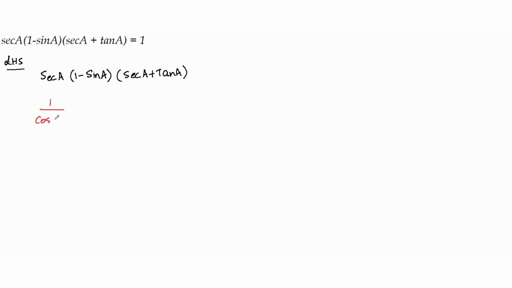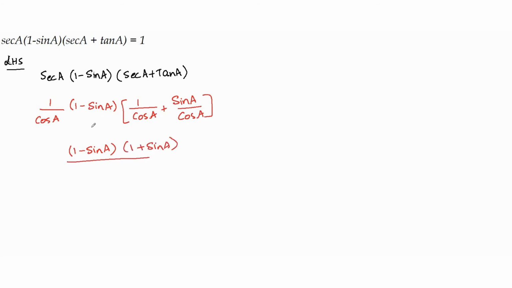Sec A is 1 by cos A multiplied by 1 minus sin A, and sec A is again 1 by cos A plus tan A is sin A divided by cos A. So now if I take the LCM in the bracket, what I will get is 1 minus sin A, the numerator is 1 minus sin A into 1 plus sin A divided by, I have one cos A term here, so that's cos A, and the second cos term is when you take the LCM. So you have two cos A terms in the denominator, both multiplied with each other.